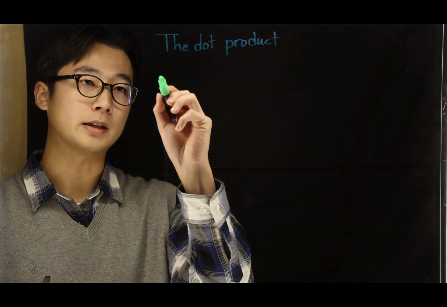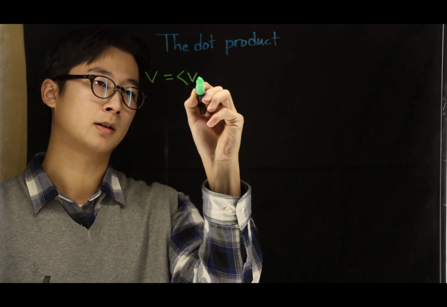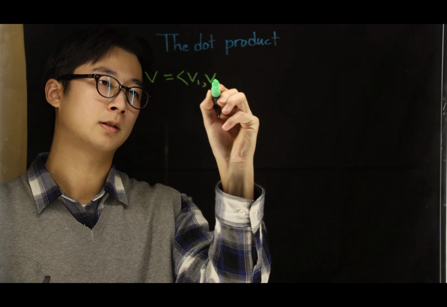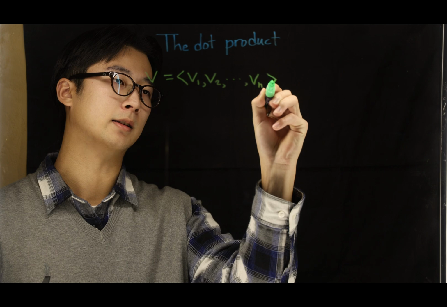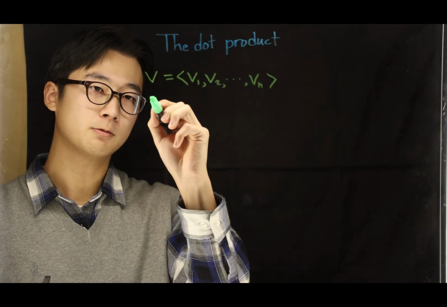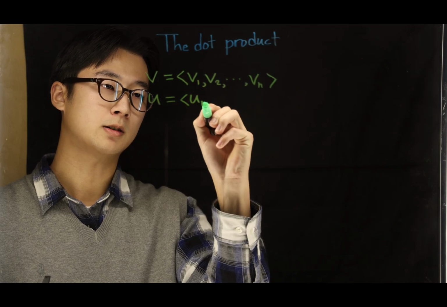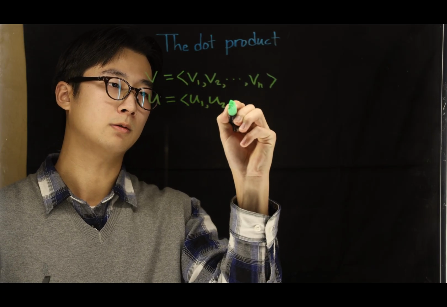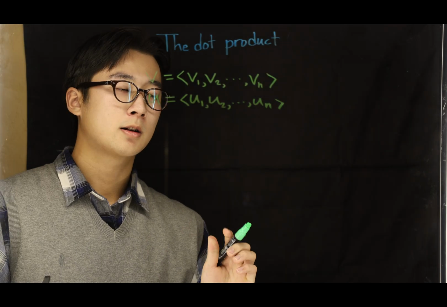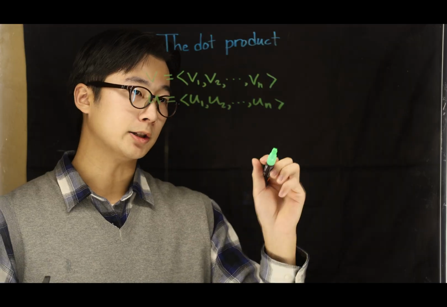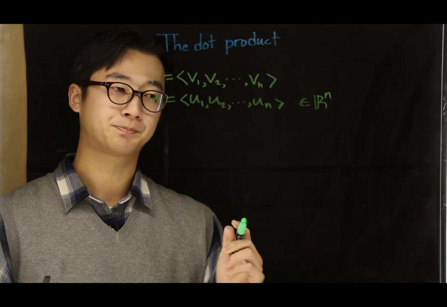There's a vector v equals v1, v2, until vn. And there's another vector u equals u1, u2, until un. So they are in n dimensions.